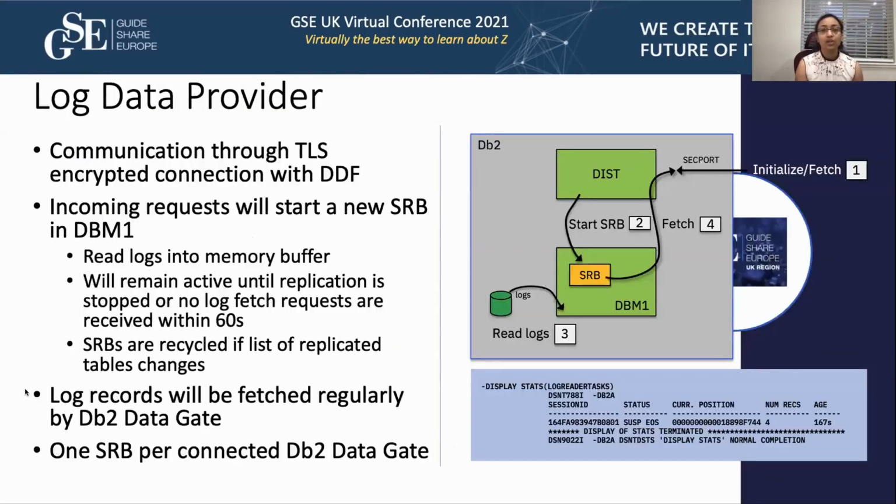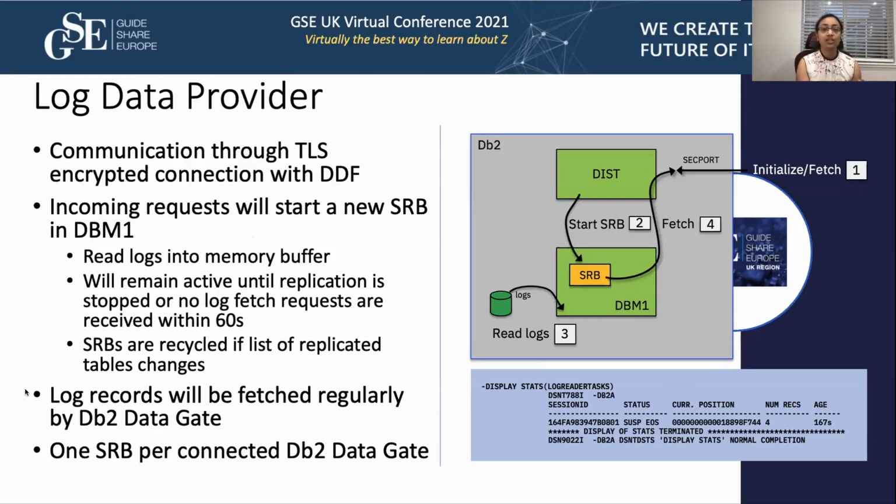Some more details about the log data provider. Internally, all communication is through TLS and secure DDF. The way it works between Db2z source and DataGate, which is the front end to the target, is that DataGate frequently polls for data from the source.